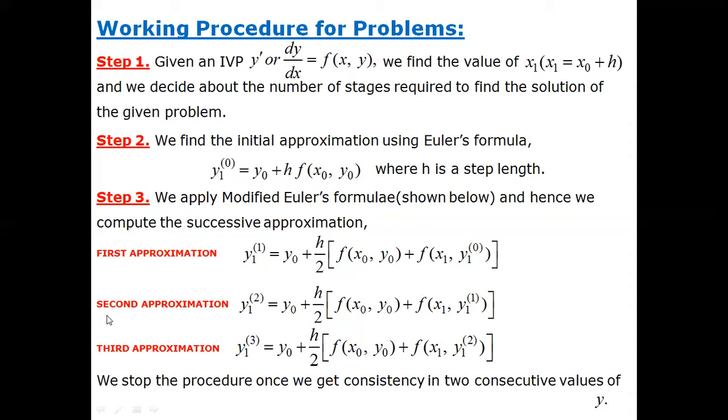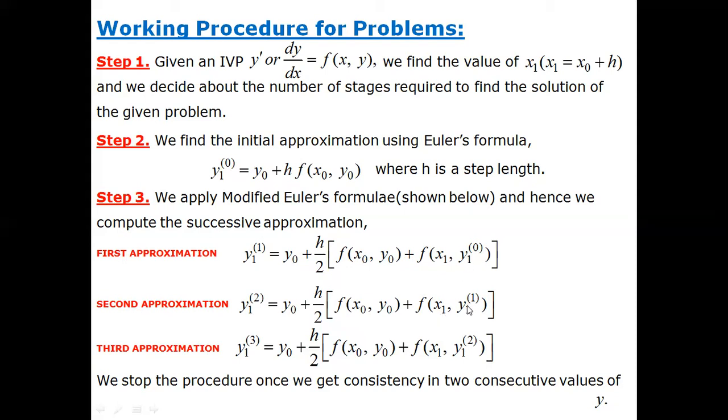Now the second approximation, y1 power 2 equals y naught plus h by 2 into f of x naught comma y naught plus f of x1 comma y1 power 1. This y1 power 1 is the first approximation which is calculated in the previous step. If you see these two expressions, the formula up to this is the same.